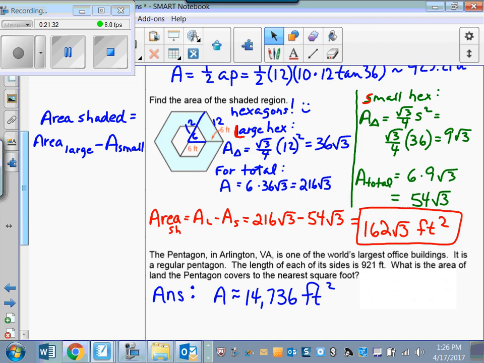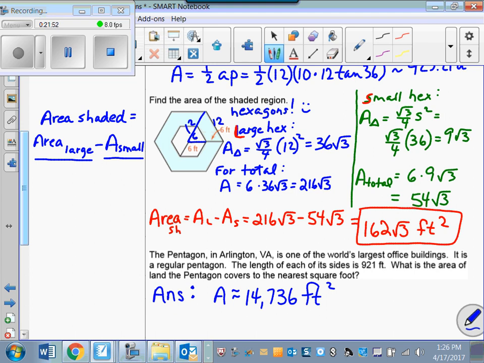In the next one, I'm trying to find the area of the shaded region. So first I've got to figure out, how do I do that? Well, I've got a large hexagon and then a small one inside of it. So to get the shaded region, I need to find the area of the large hexagon and then subtract out the area of the small hexagon, and then I'll just have what's left as shaded.